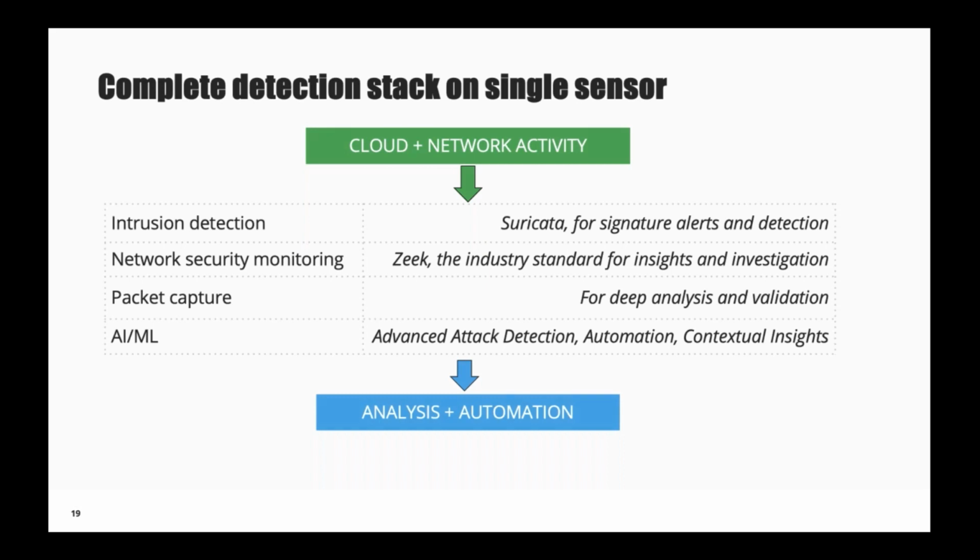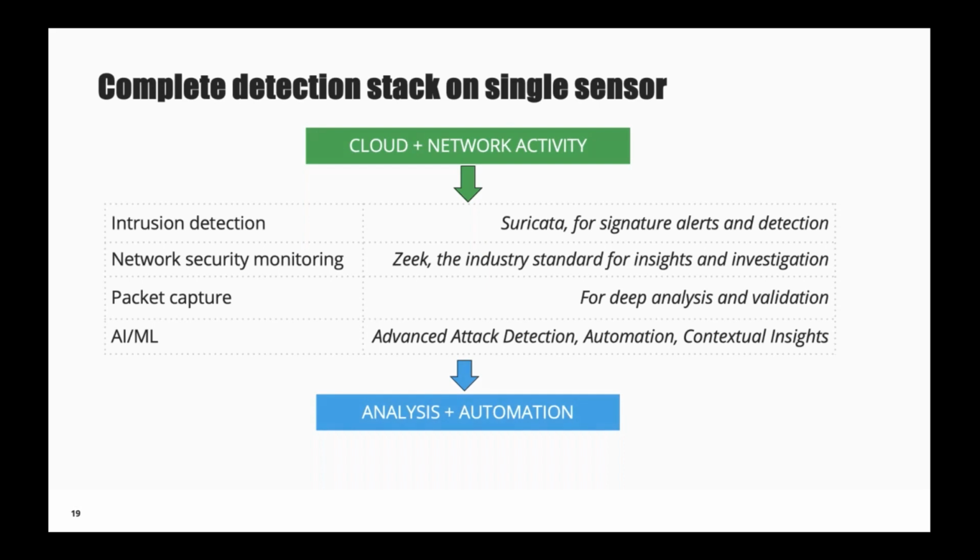And next to that was quite often an open source PCAP solution. And then all of this fed into some form of analytics, whether that's based on machine learning or some other method of doing it. It was usually aggregated somewhere for doing the more advanced analytics that needs multiple data sources or more compute power than you can reasonably do on the network sensor where you're seeing the traffic itself.